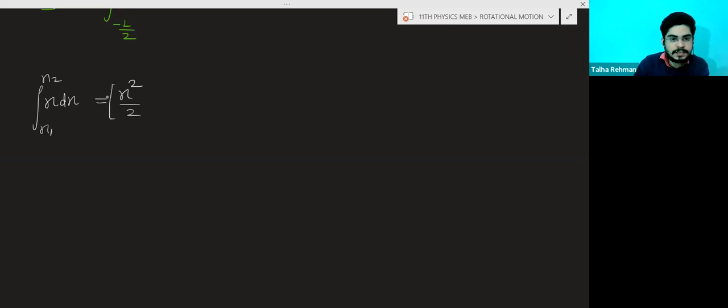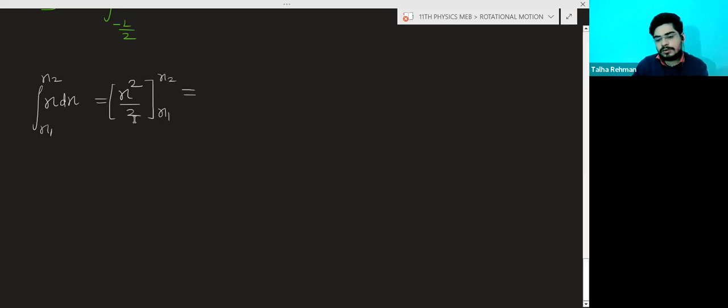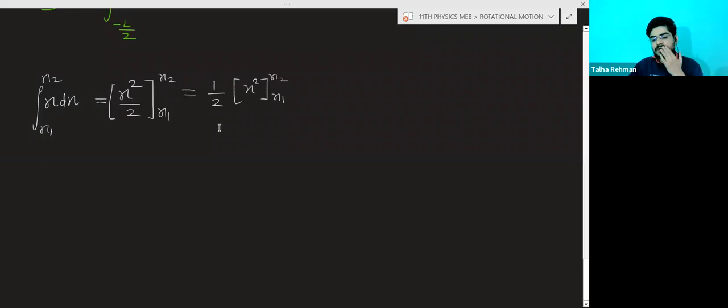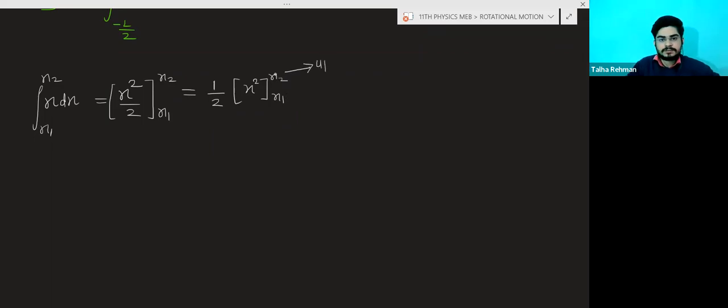And then you will apply the limits of integration x1 to x2. So you can take 1 by 2 out and you can apply the limit to x square. Now you can apply the limit x1 to x2. What is the meaning of applying the limit? We will do the upper limit minus lower limit. This is the upper limit. Do you have maths or any other subject in your 11th?